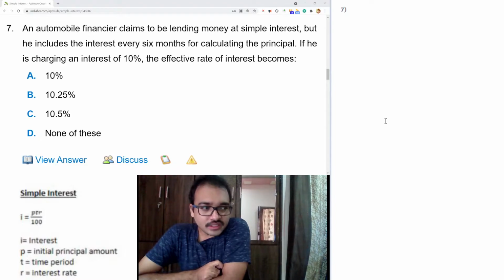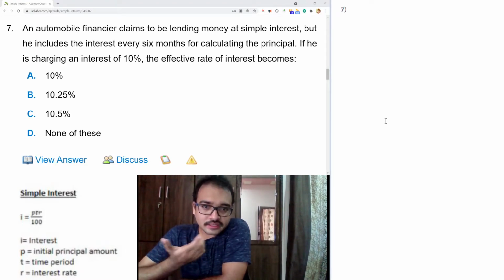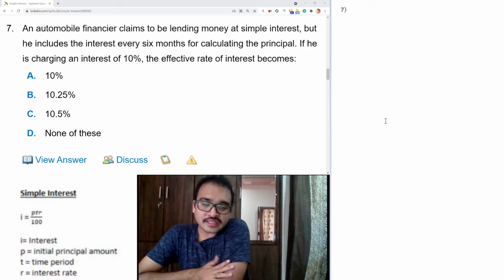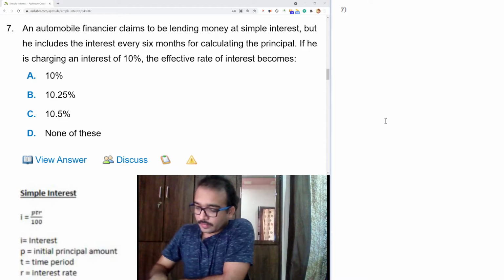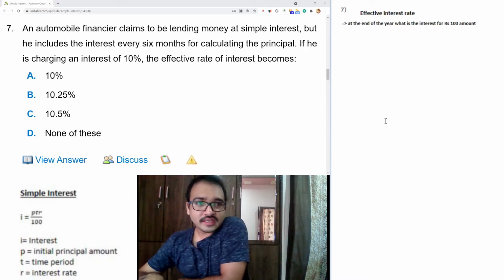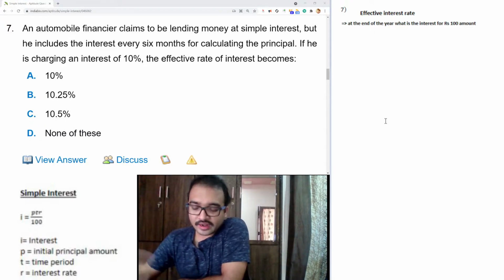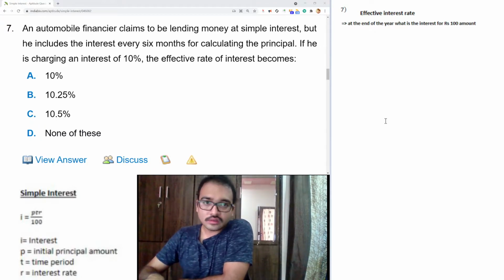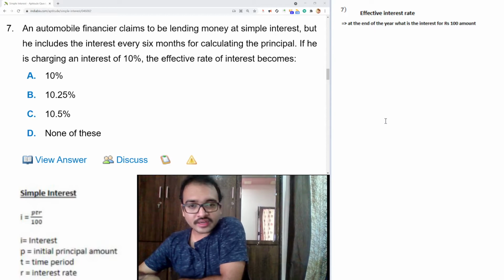Rate of interest means what is the interest per cent. Cent means 100. For 100 rupees, what is the rate of interest? So effective rate of interest means at the end of the year, what is the interest for 100 rupees. We can take 200, 300 also.